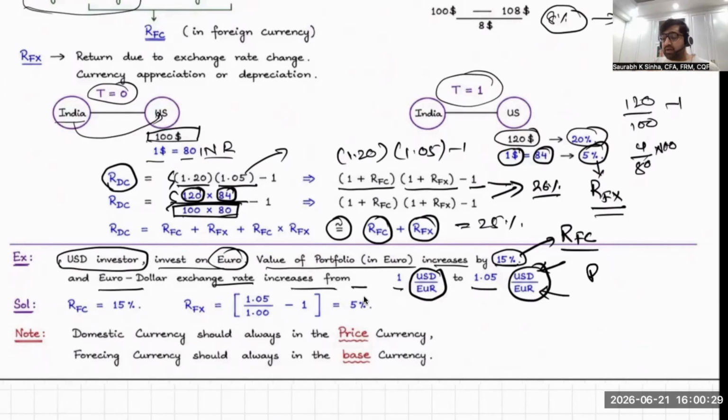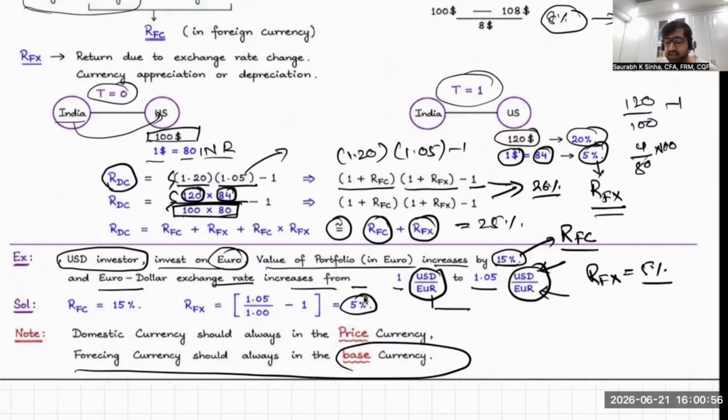So, if you calculate, RFX is equal to 5%, you can directly use it. You can directly use it because it is telling you directly that euro has appreciated by 5%. That's perfect. So RFX is 5%. That's perfect. But it is only true if the quotation is that the foreign currency is in the base currency and the domestic currency is in the price currency.